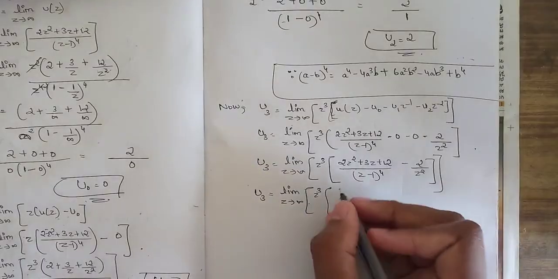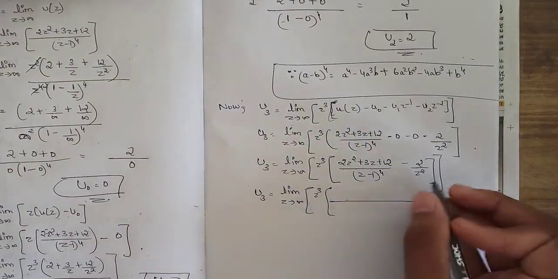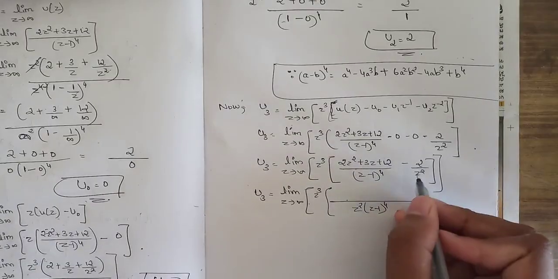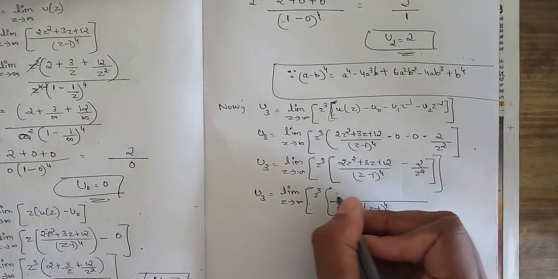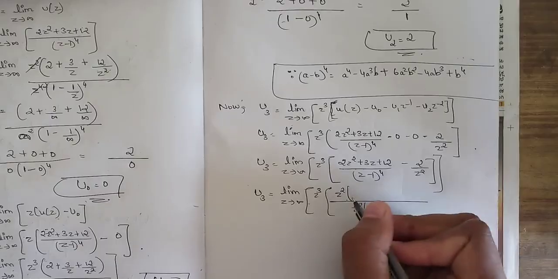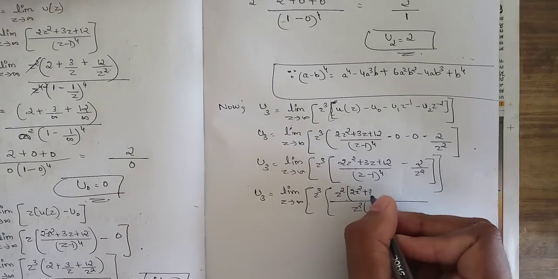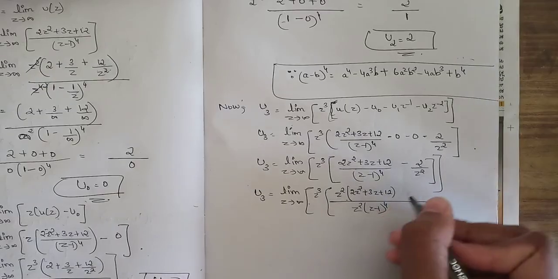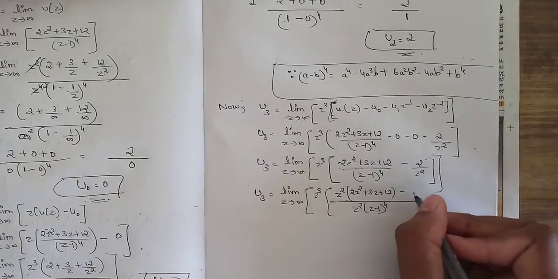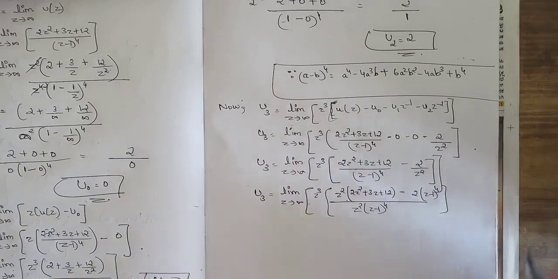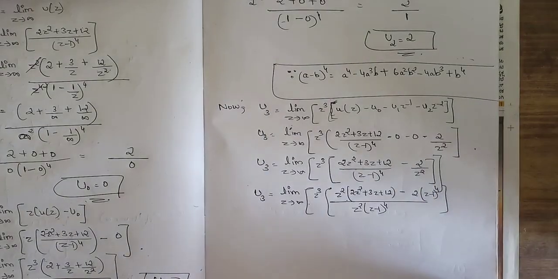Let's first write the denominators by multiplying, and now z square into (2z square plus 3z plus 12) minus 2 into (z minus 1) whole to the power 4, right?